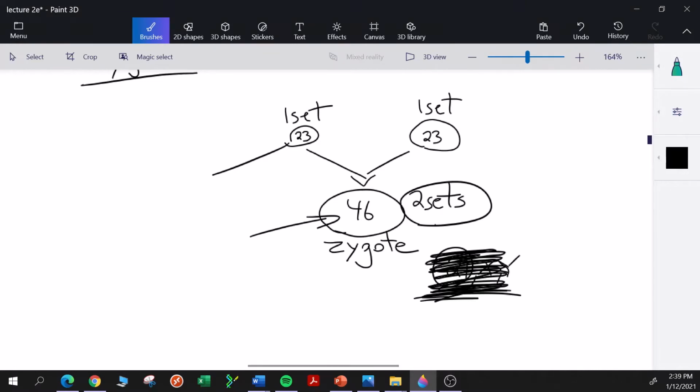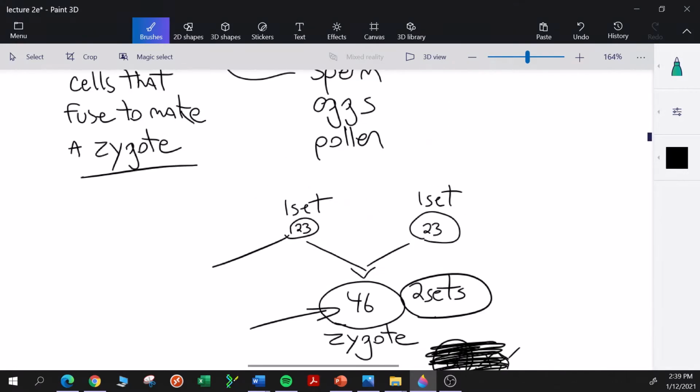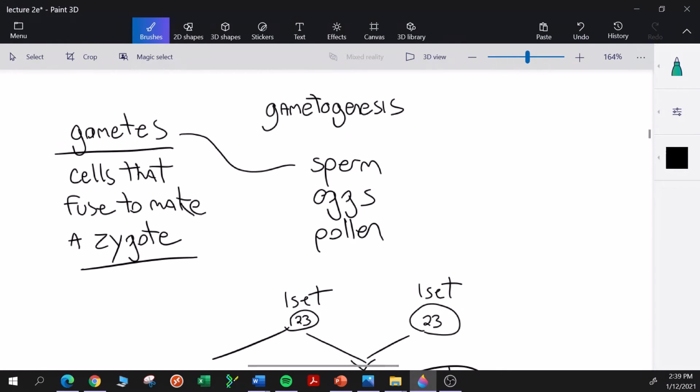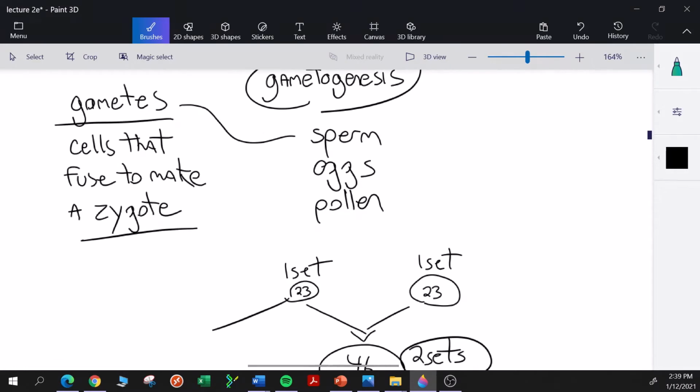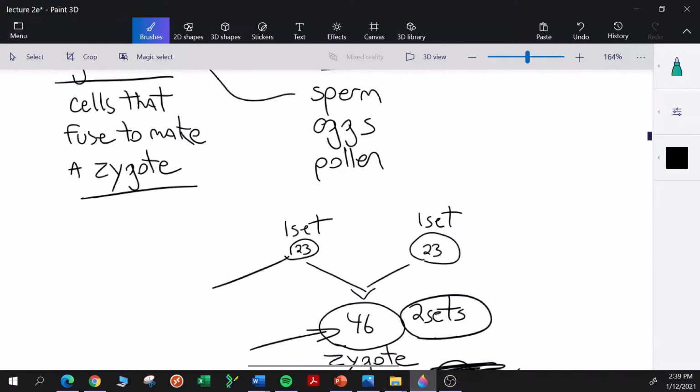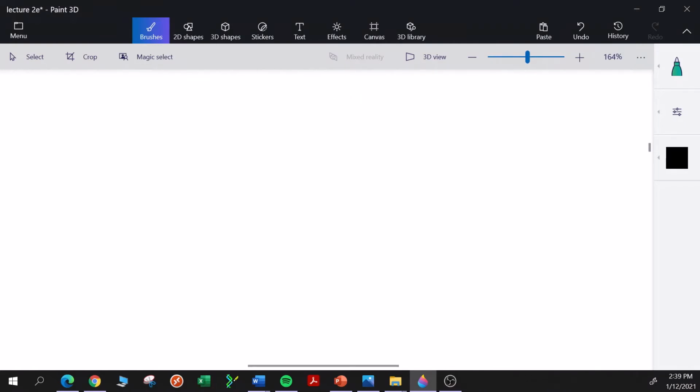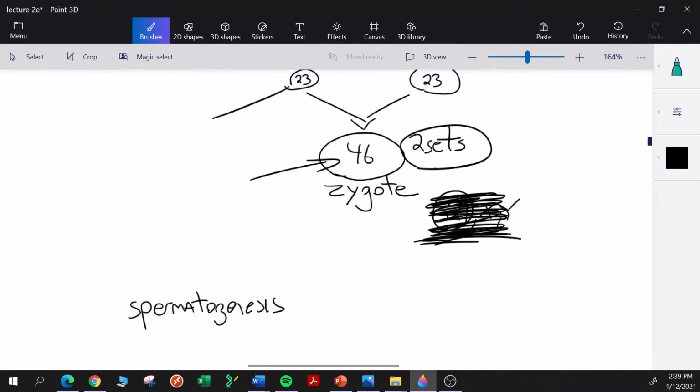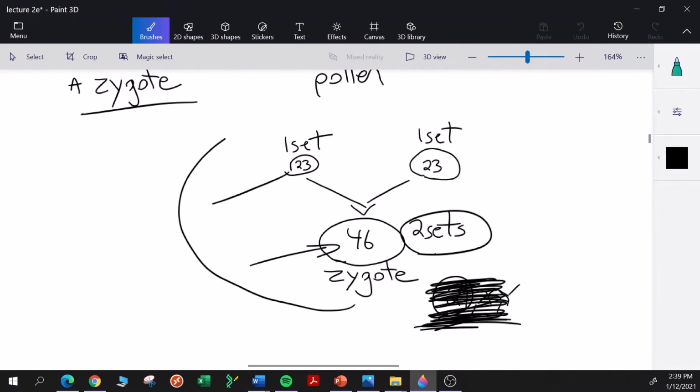So with respect to gametogenesis, this is the process that makes gametes, and we are going to look at two specific forms of gametogenesis. We will look at spermatogenesis, and this reminds me, I generalized how the sperm and the egg come together in humans.